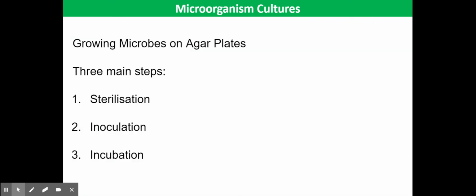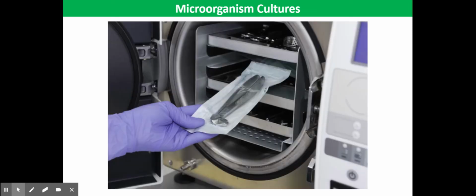Now, growing microorganisms on agar plates involves three main steps: sterilisation, inoculation, and incubation. So first of all, sterilisation. The nutrient agar medium and any equipment to be used must be sterilised. The medium is sterilised by heating in an autoclave at 121 degrees C for 15 minutes.